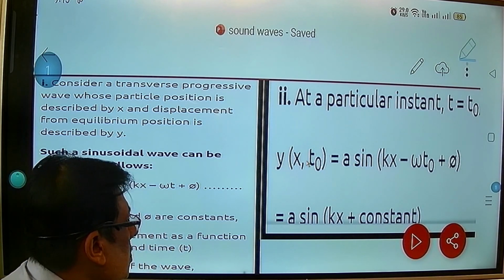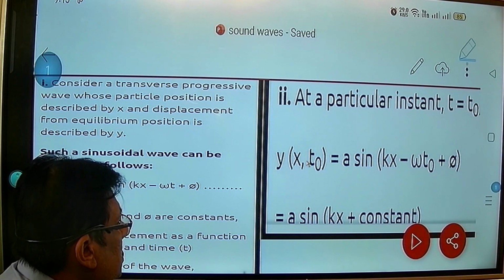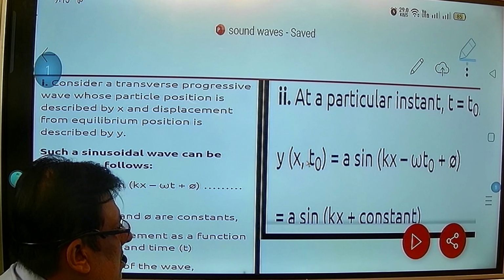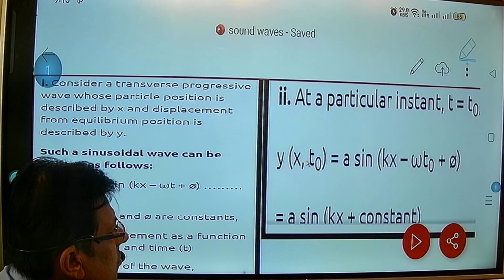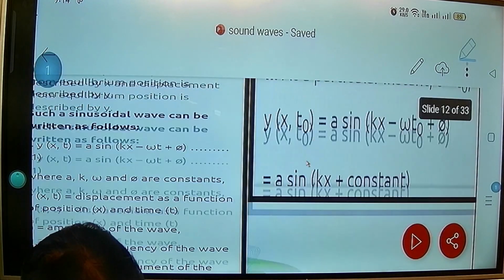Now here we say that this right hand side is A sin(kx) plus constant, means we take that minus omega t0 plus phi to be a constant value.